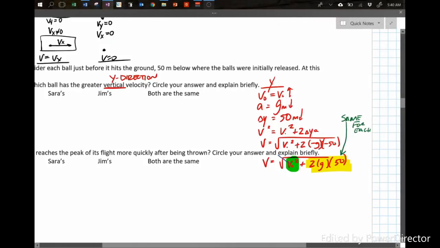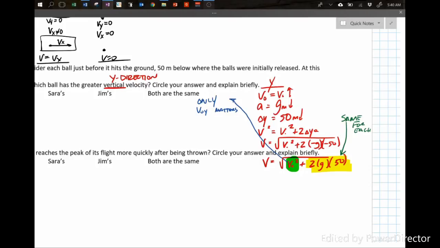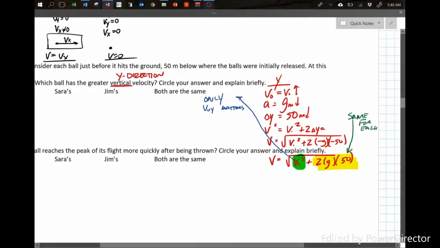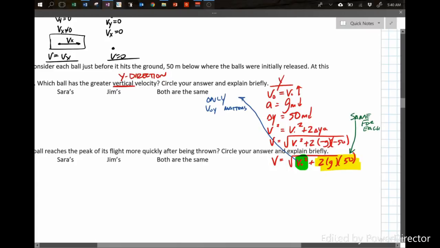That's worth stating. Only the initial velocity in the y direction matters. The ball with the greater initial velocity in the y direction is going to be the ball with the greater vertical velocity just before it lands.